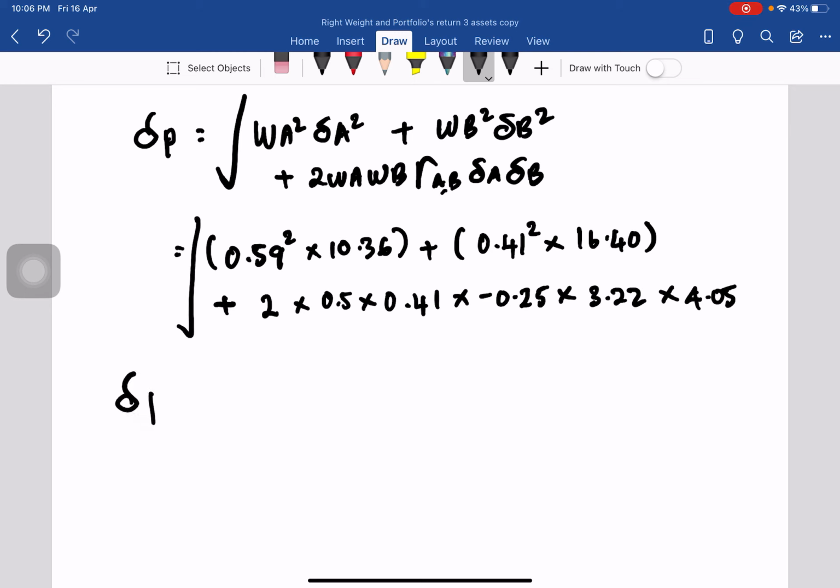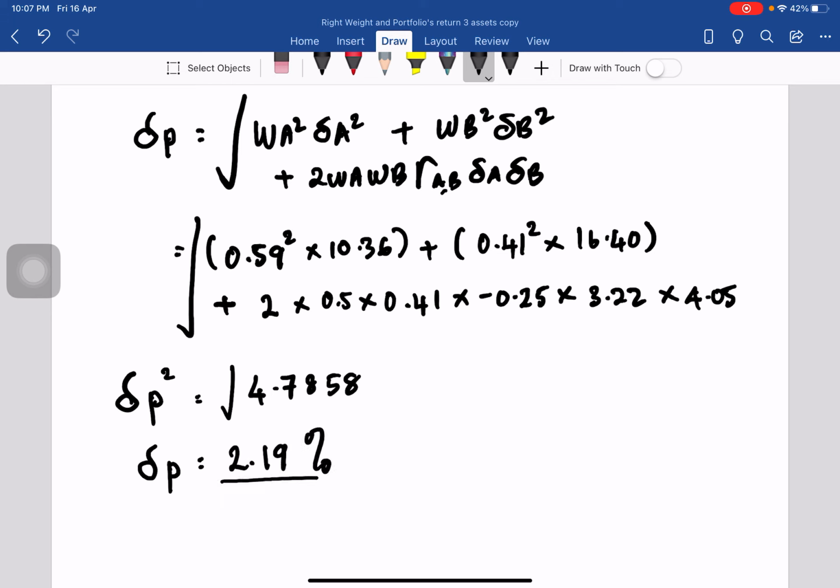And then when you work it out, you will first get the variance. The variance of the portfolio is 4.7858. To get the standard deviation of the portfolio, you just square root that, and you will get 2.19%.